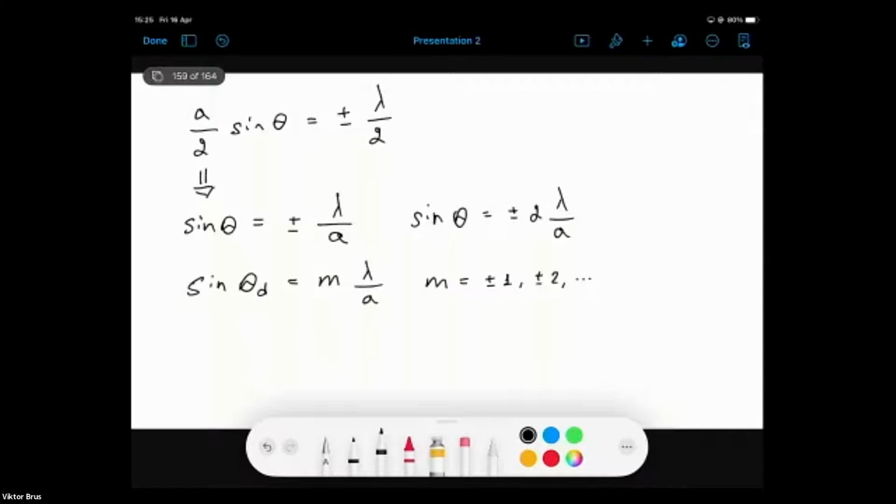Keep in mind that we don't have 0 here, because at 0 the diffraction pattern gives us a bright fringe, which is the widest and most intense.